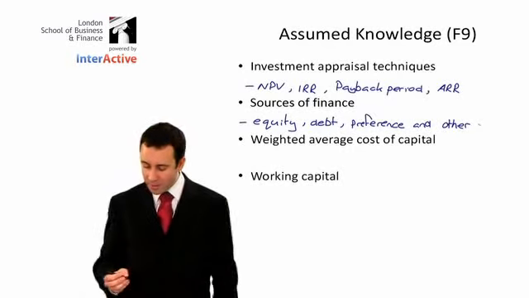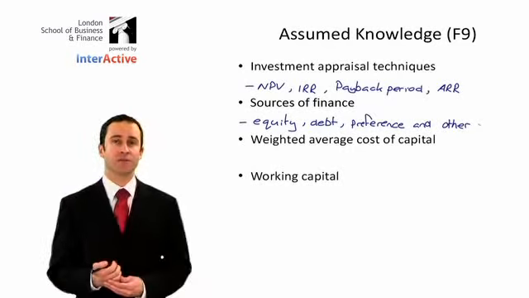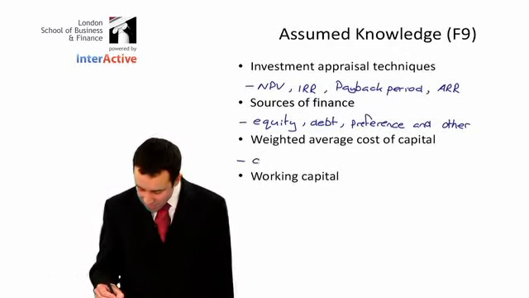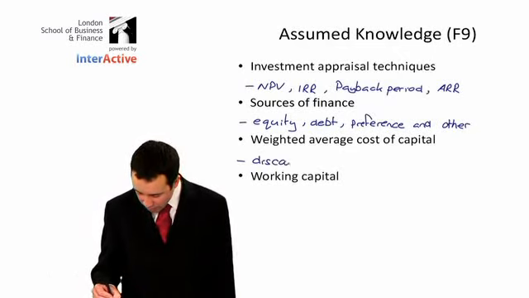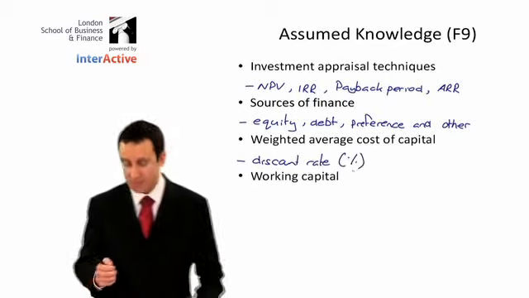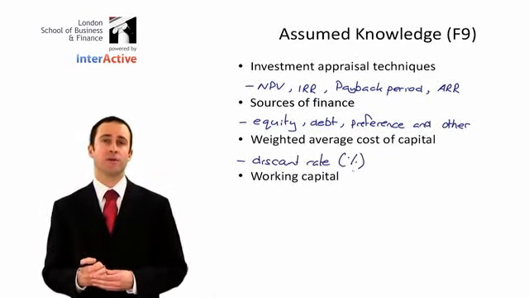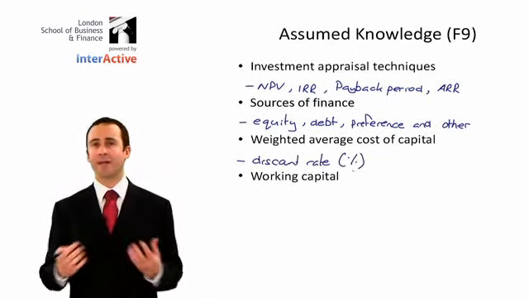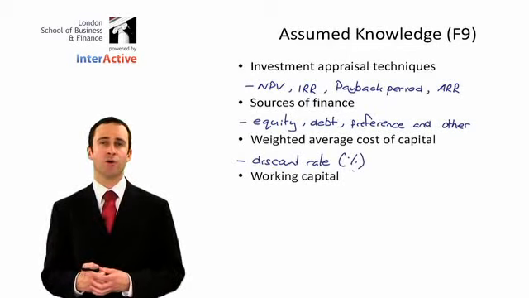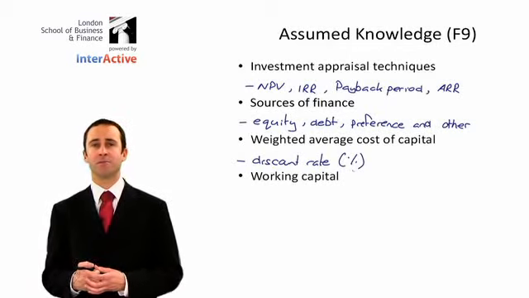What we'll also have is your weighted average cost of capital. Remember, that is all about looking at a suitable discount rate, an appropriate percentage to use within your project appraisal. Again, it's a numerical aspect that you saw within F9, your financial management paper.